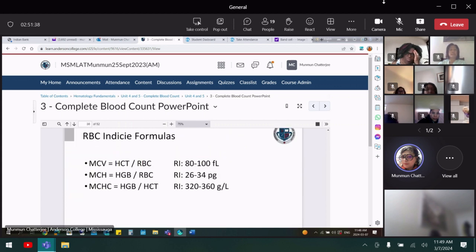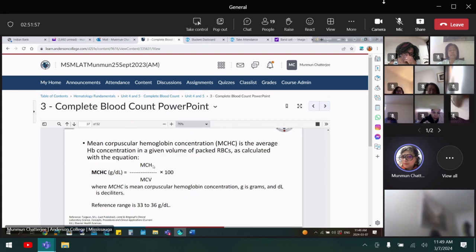So these are the reference ranges. For MCV, this is the formula you can remember: hematocrit divided by RBC. MCH is equal to hemoglobin divided by RBC, but they already include a factor of 10 everywhere. But for this one, it is hemoglobin divided by hematocrit: mean corpuscular hemoglobin divided by mean corpuscular volume. Corpuscle means cell.